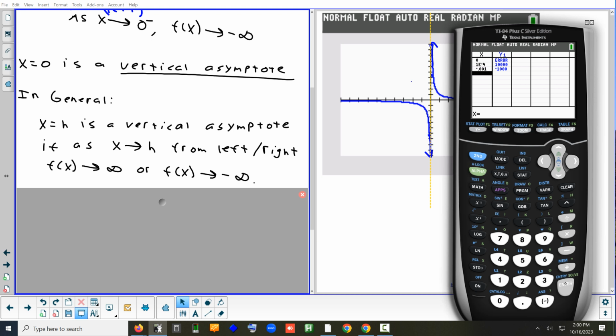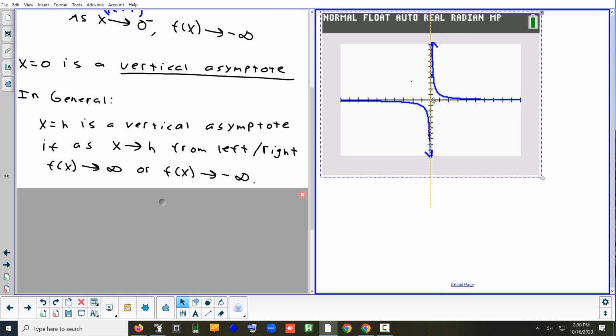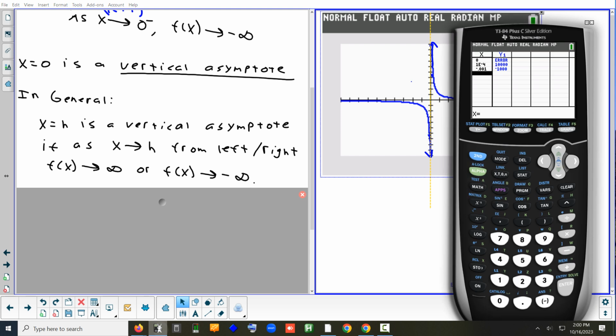When you're at negative 0.001, just to the left of that yellow line, you are way down at negative 1,000. That's how you know you have a vertical asymptote. The y value shoots way up and way down. So a lot of times I check it on the table rather than draw a picture. But you can do it either way.